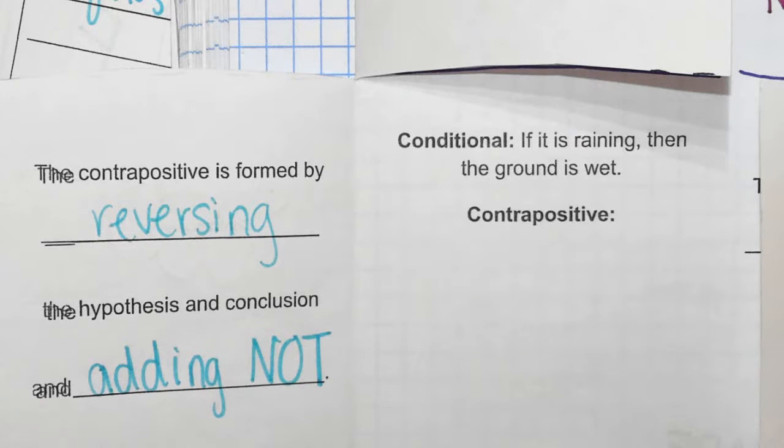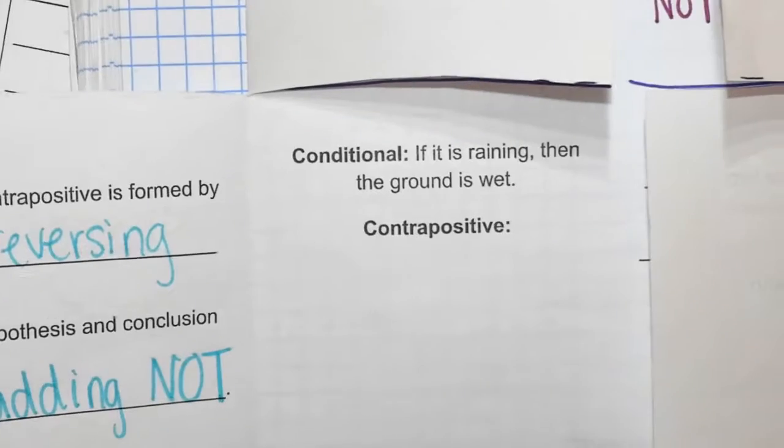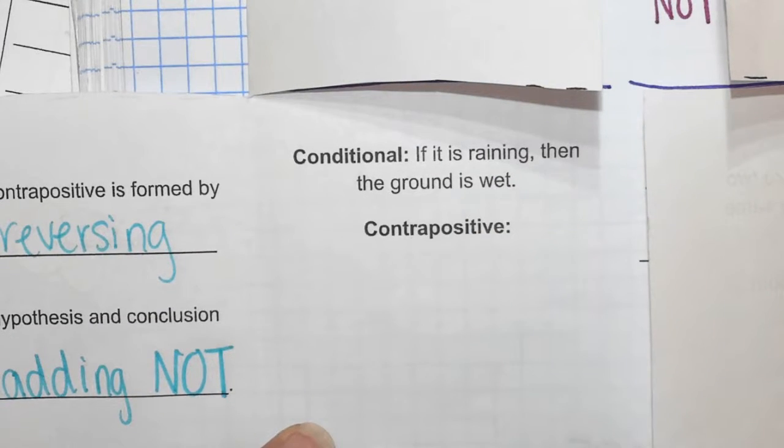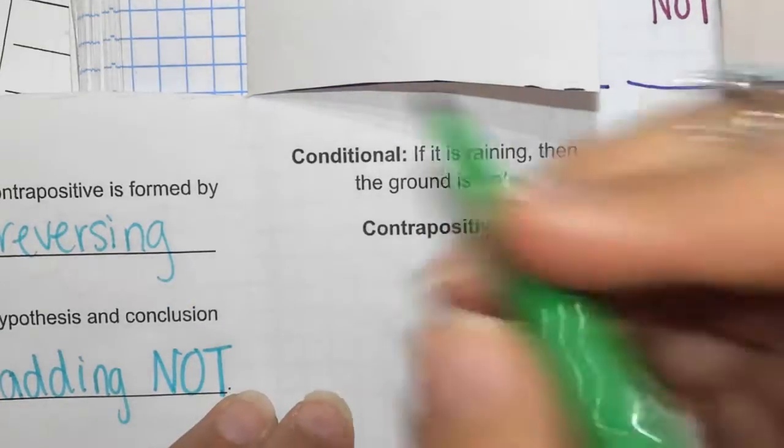Now, who can raise their hand, not scream at me, and tell me what the contrapositive of this conditional would be? Jarvis. If the ground is not wet, then it's not raining. Yes, take a point. All right.